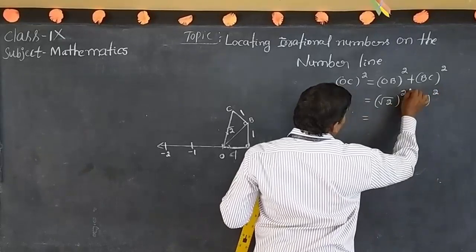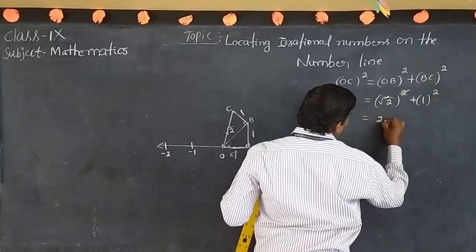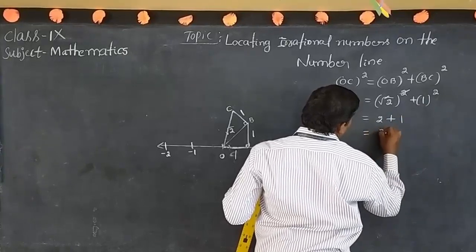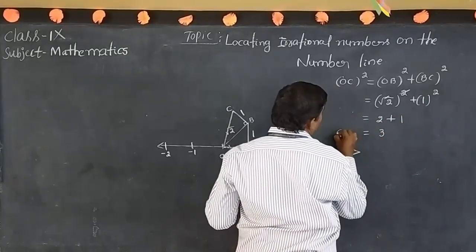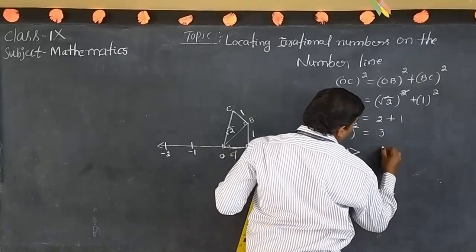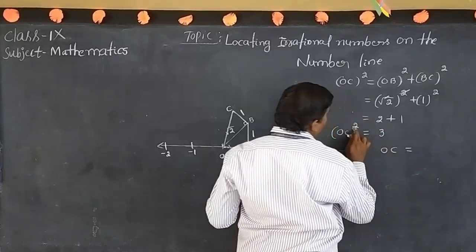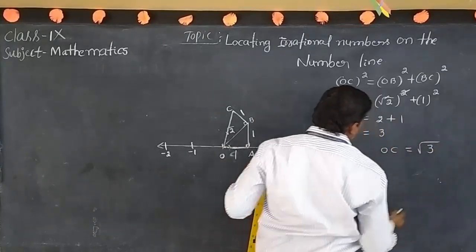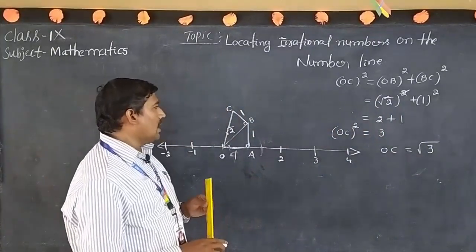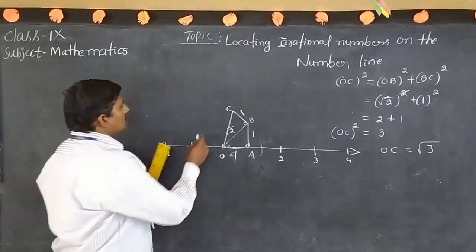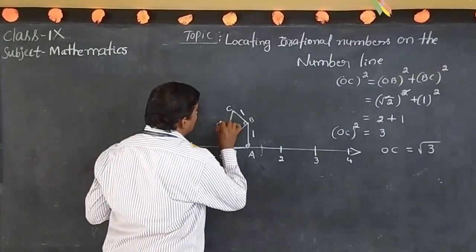So root 2 squared cancels to 2, plus 1, 2 plus 1 is 3. So OC square is equal to 3 units. OC is equal to square root 3. So it is possible to locate root 3 also. And this is the value of root 3.